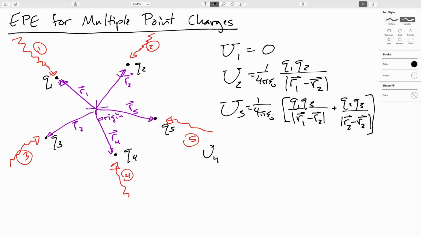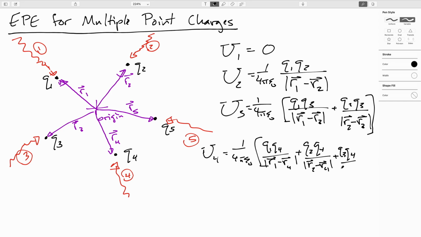So U4 would be 1 over 4 pi epsilon naught times Q1, Q4 over R1 minus R4 in absolute value, plus Q2, Q4 over R2 minus R4, plus Q3, Q4 over R3 minus R4, taking the magnitude each time.